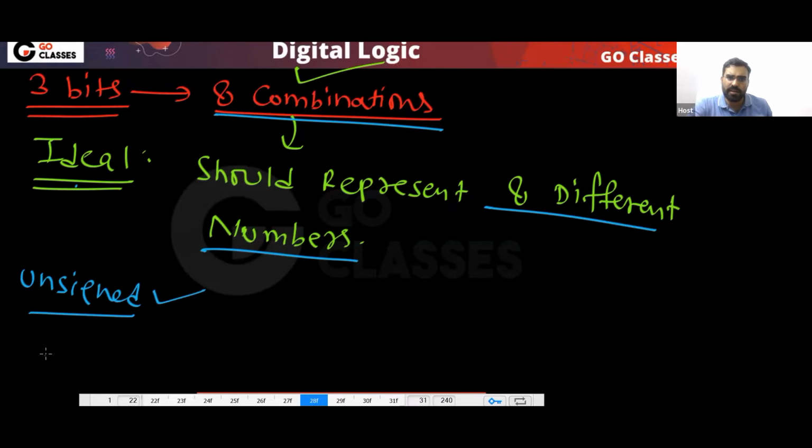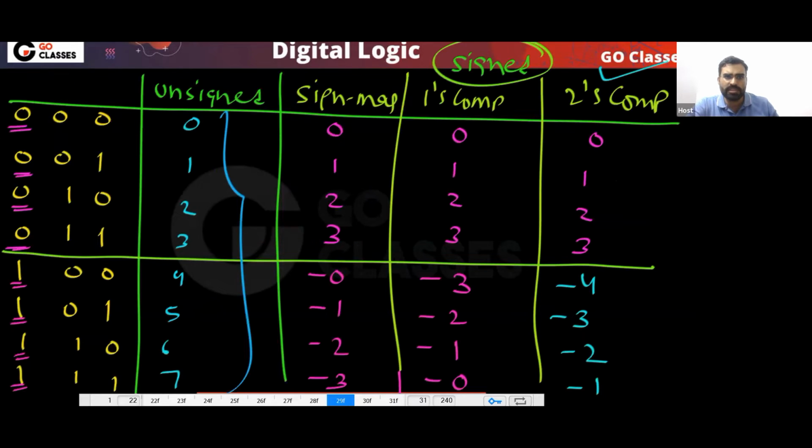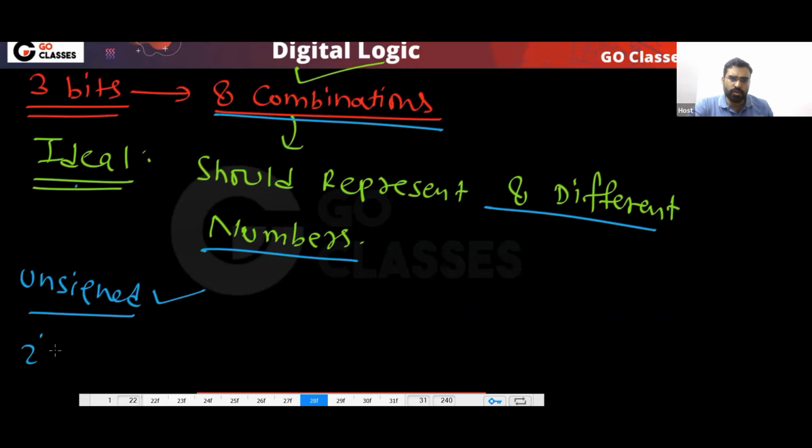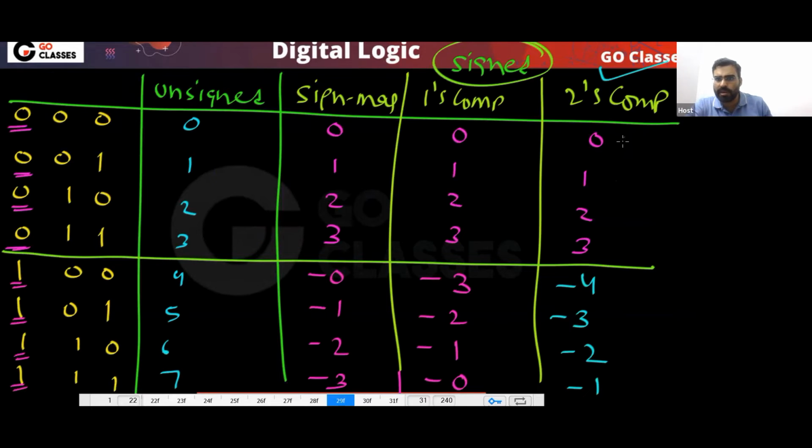Unsigned is ideal: all the 8 combinations represent 8 different numbers. Similarly, in 2's complement this is also happening: 0 1 2 3, -1 -2 -3 -4, so 8 different numbers are represented.